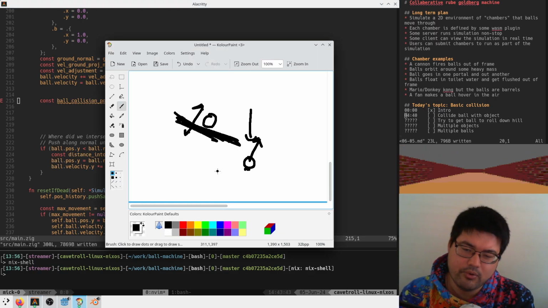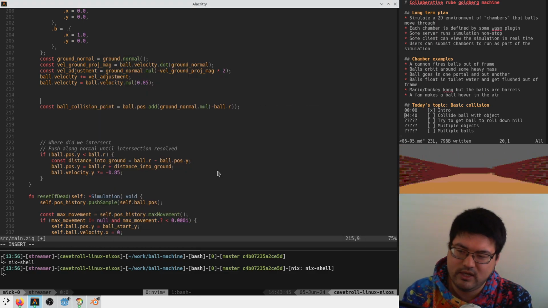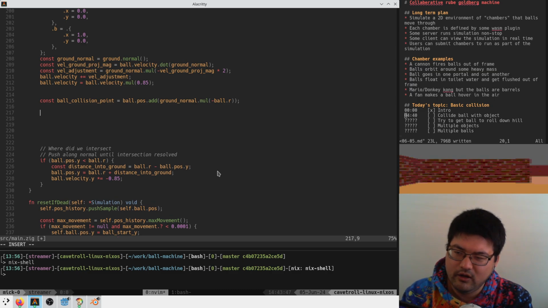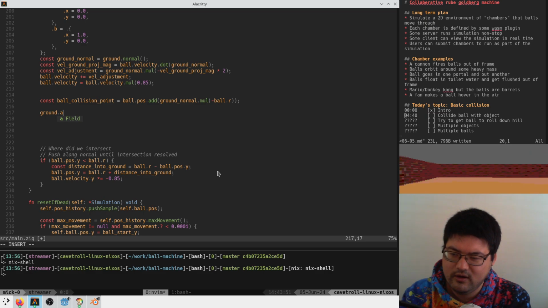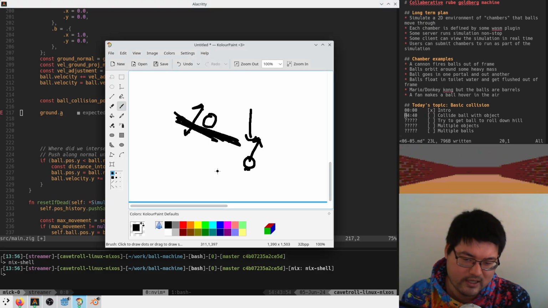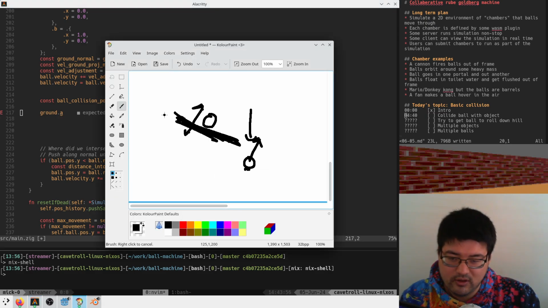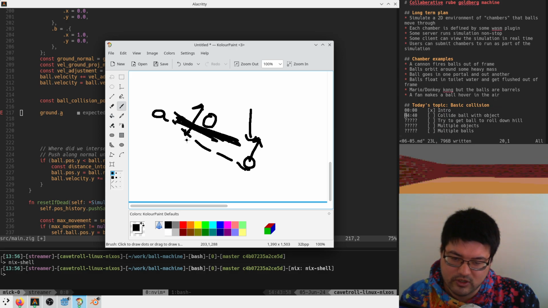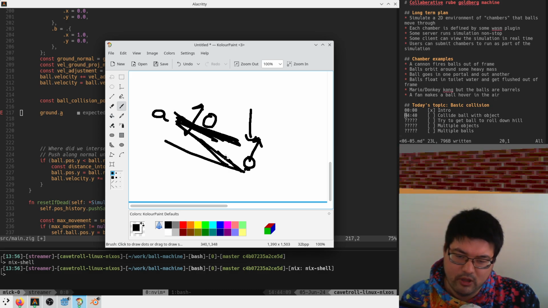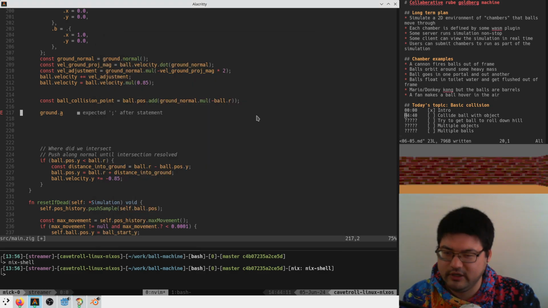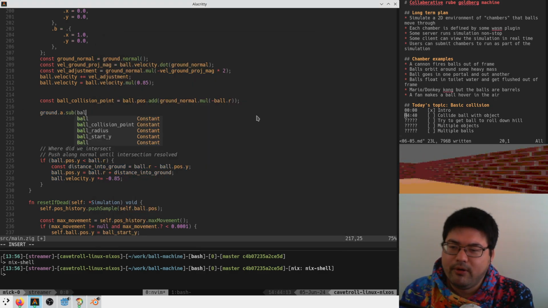Then we dot product. So we say the line, surface, ground, A. We subtract, A is here. We're trying to draw this line so we can project it onto the normal. So here if we do A minus ball collision point, then it lines up with the normal correctly.